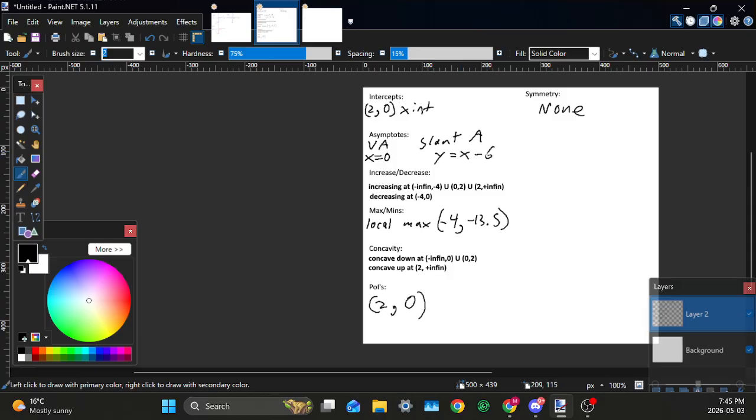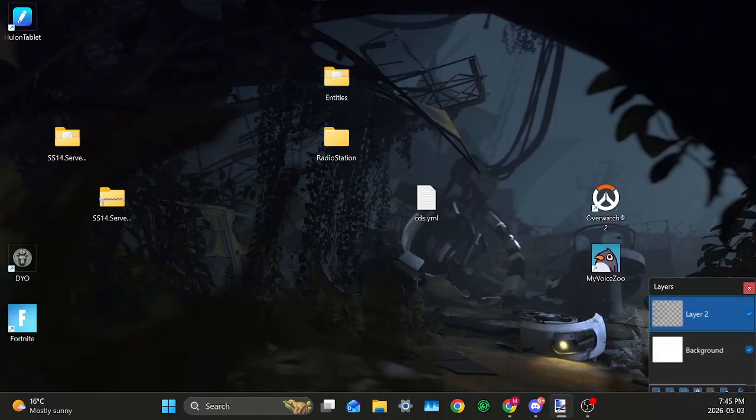Now, we finally have all the info we need. We have gone through intercept, symmetry, asymptotes, slant asymptotes, increase, decrease, max or mins, concavity, and then points of inflection.